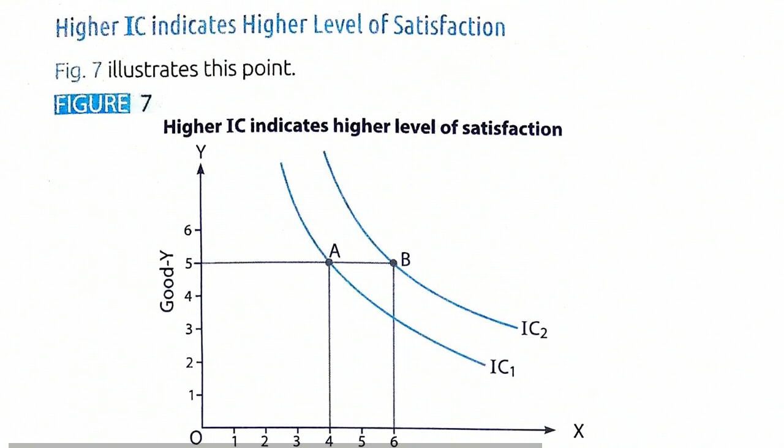So in this figure you can understand that point A is on IC1, point B is on IC2. At point B, the consumer will have a higher level of satisfaction. Why?